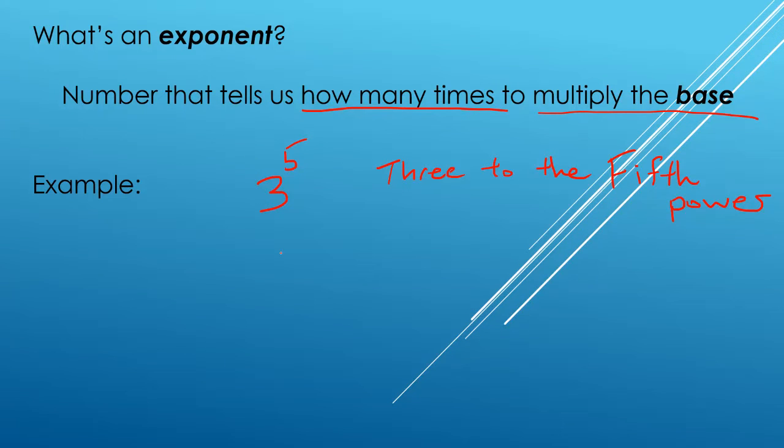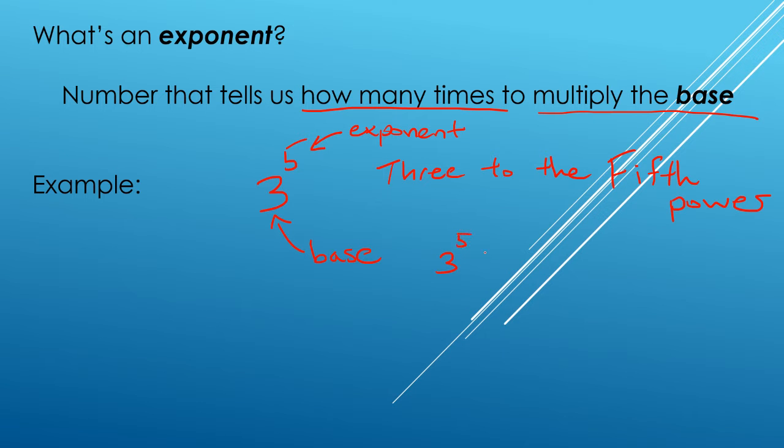So in this example, the 3 is our base, the 5 is our exponent, and what it means is we're multiplying 3 by itself 5 times.